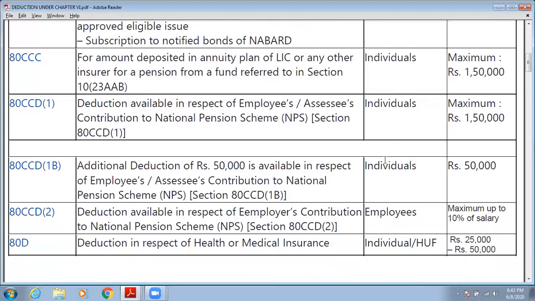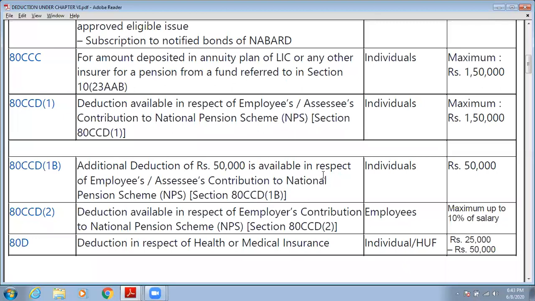Okay. Next deduction is 80CCD(1B). So when will this deduction be provided to you? So let's see. An additional deduction of rupees 50,000 is available in respect of an employee's or assessee's contribution to the National Pension Scheme, section 80CCD.